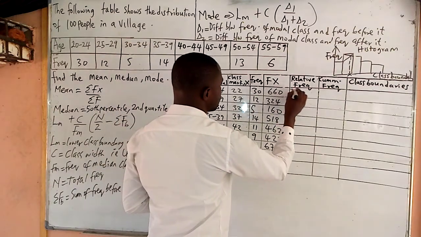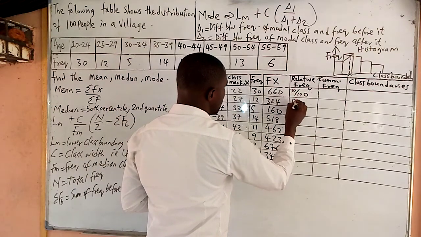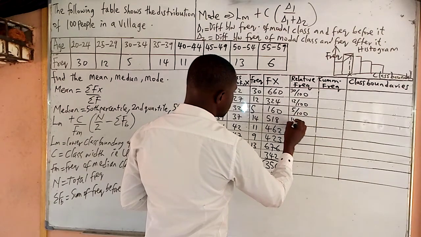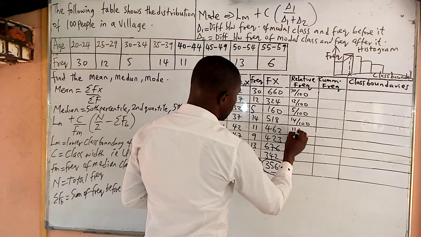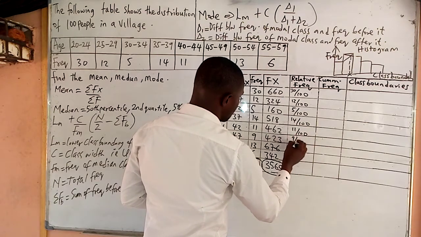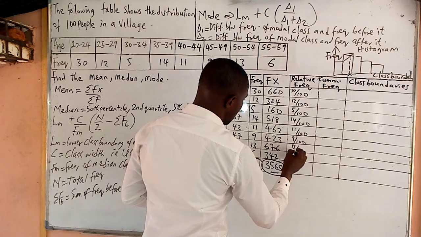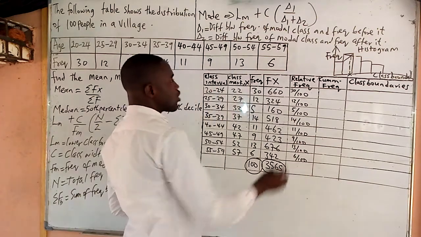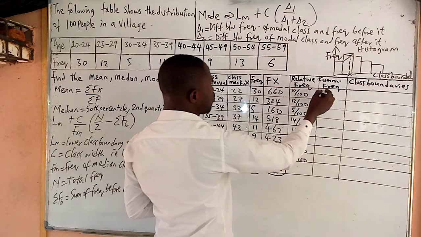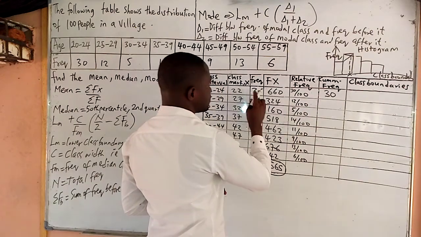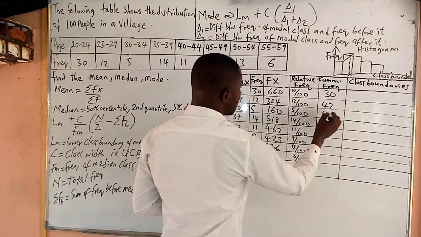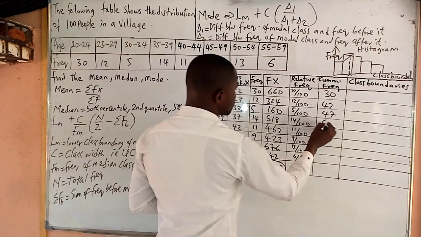That is 30 over 100, 12 over 100, 5 over 100, 14 over 100, 11 over 100, 9 over 100, 13 over 100, 6 over 100. Now, cumulative frequency. The first cumulative frequency is 30. 30 plus 12 is 42. 42 plus 5 is 47. 47 plus 14 is 61.